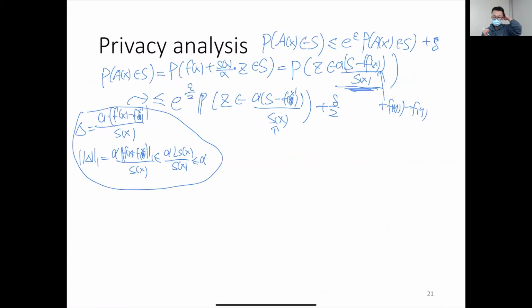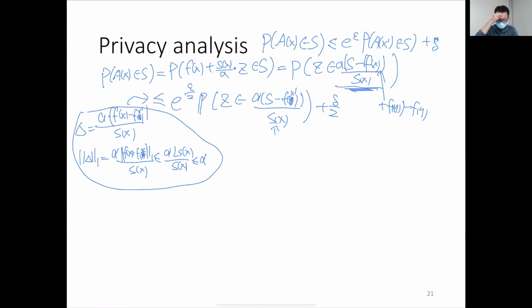Okay, so the next thing to do is to replace this S(x) with S(x prime), because that will help us to recover the distribution. Suppose we add noise to the neighbor data set x prime.